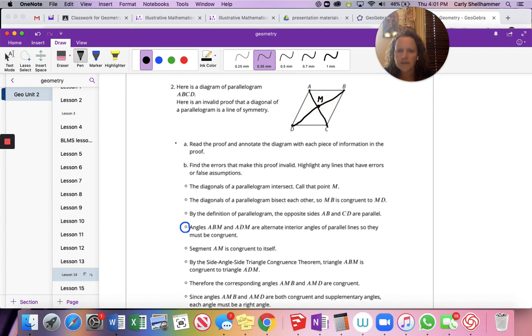Check. The diagonals of a parallelogram bisect each other, so MB is congruent to MD. Check. By definition of parallelogram, the opposite sides, AB and CD, are parallel. Congruent? Oh no, by definition, they're parallel. Erase, erase.